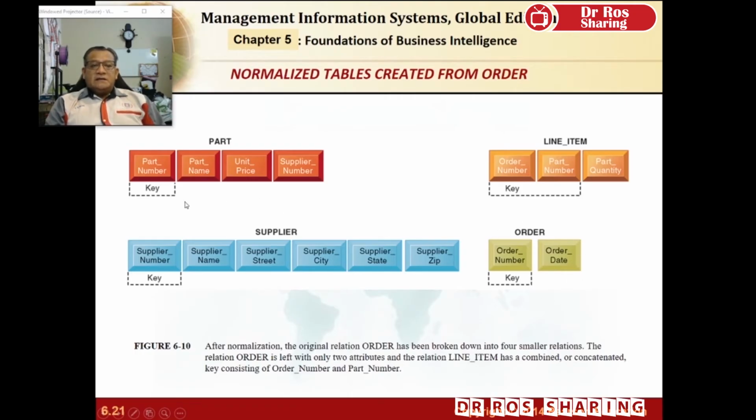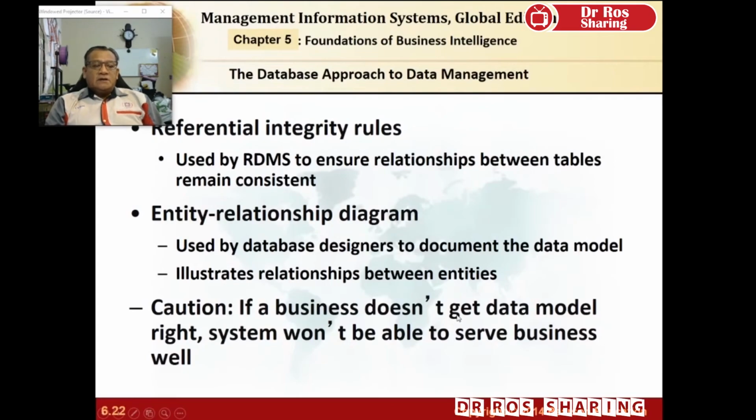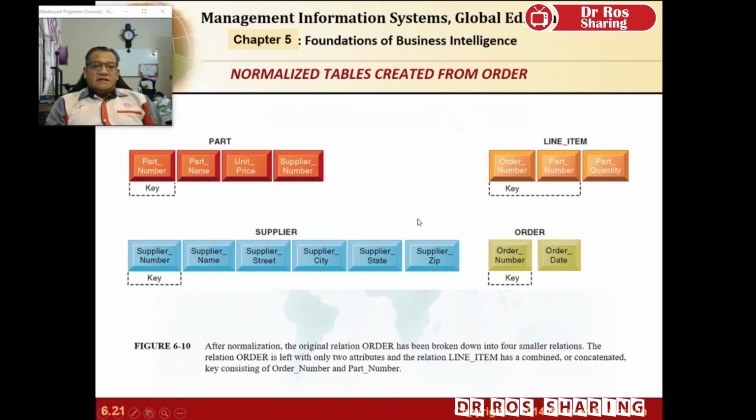So in this normalized form, it has 4 tables: part table, line item table, supplier, and order. This is what they call the setting being normalized, where all parts information is tabled inside a part table. All line items are consolidated into the line item table, respectively with supplier and with order.